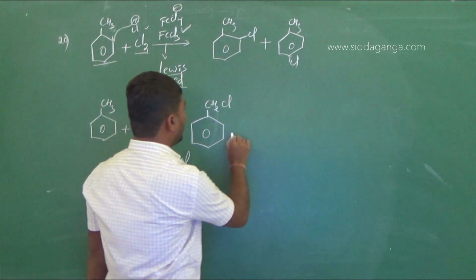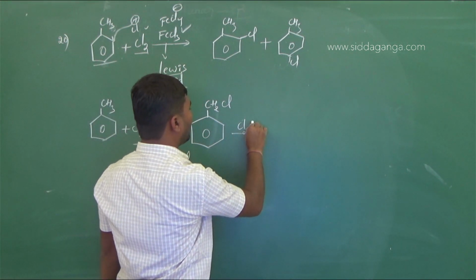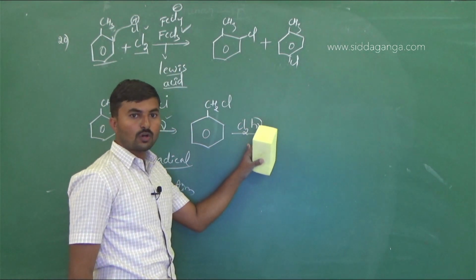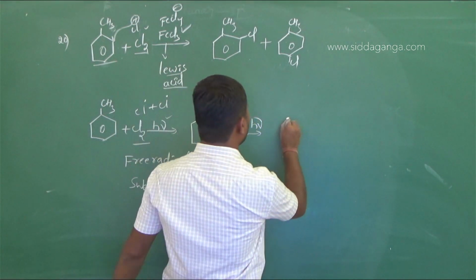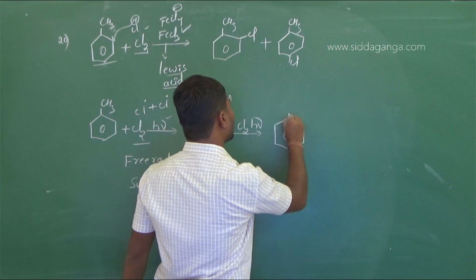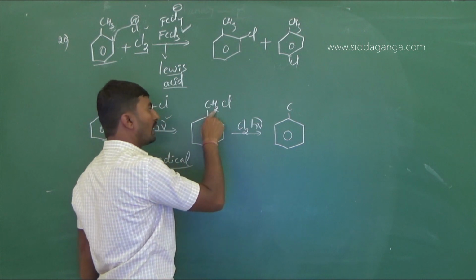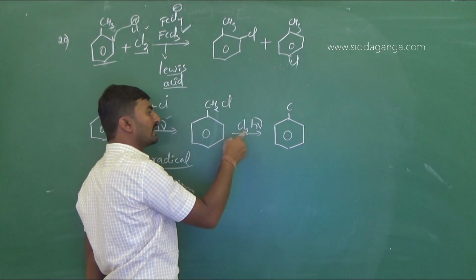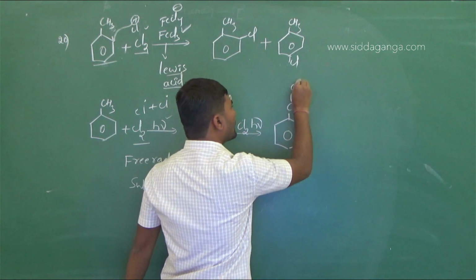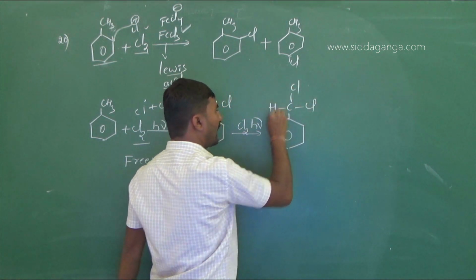CH2Cl is further treated with Cl2 molecule in presence of H nu. Again free radical substitution takes place, with the loss of one more hydrogen replaced by one more chlorine radical, so it becomes CHCl2.